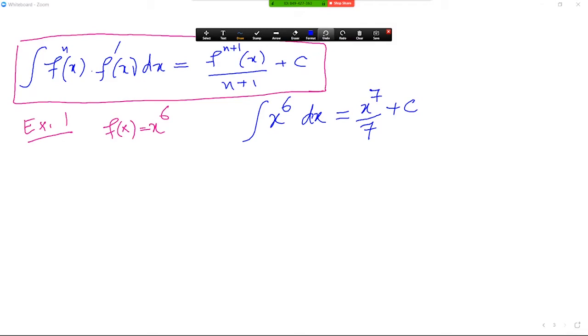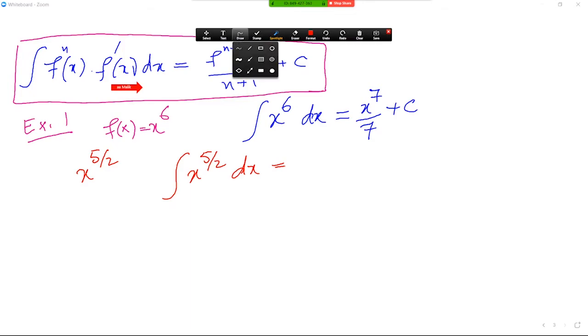Let's say we have another equation. I take another color. It is, for example, x raised to the power 5/2. So the equation becomes the integral of x^(5/2) dx. Actually what we are looking at is the same formula. If we compare this equation with our generalized formula, what is f(x) then?